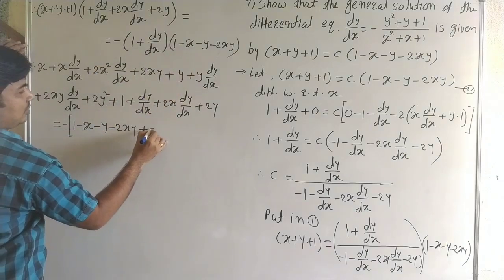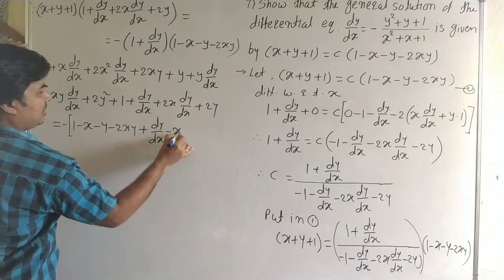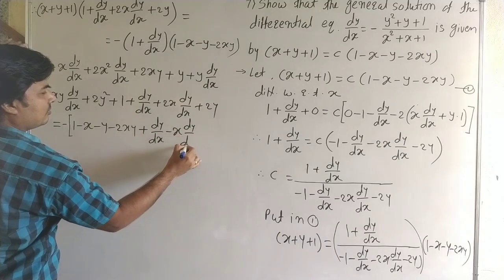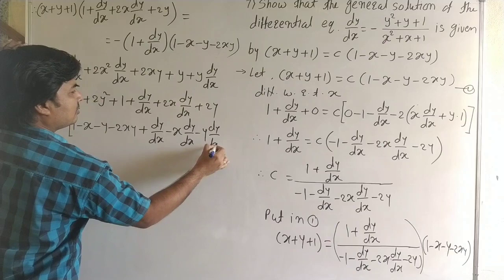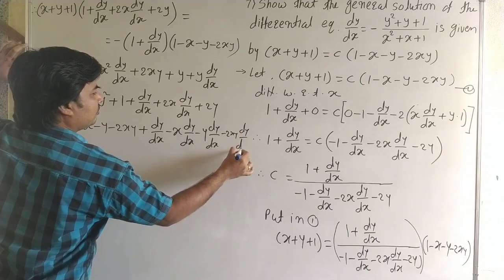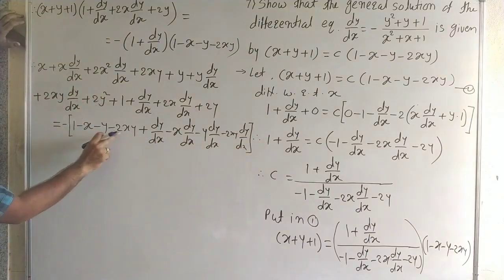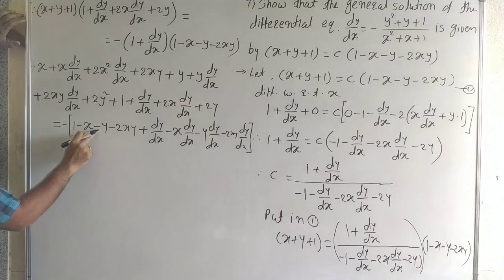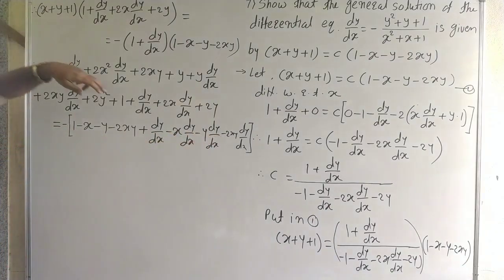Then plus dy by dx minus x dy by dx minus y dy by dx and minus 2xy dy by dx. Okay, see carefully this. Now when we multiply by this minus, then it is minus plus plus plus, it is minus plus plus and it is minus, it is plus.